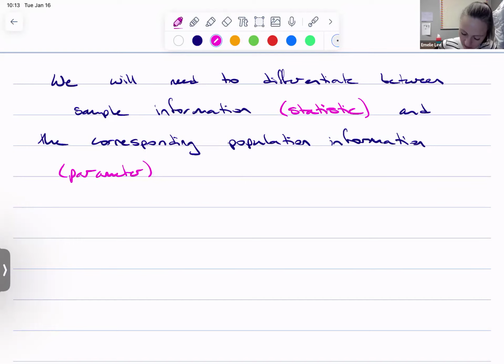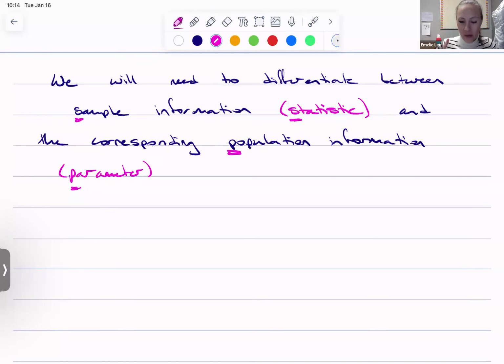Notice here that we've got P and P, right? Population has a parameter, whereas S and S, so a sample statistic. So if it's a measurement from a sample, then we call it a statistic. So we'll need to keep track of those things.